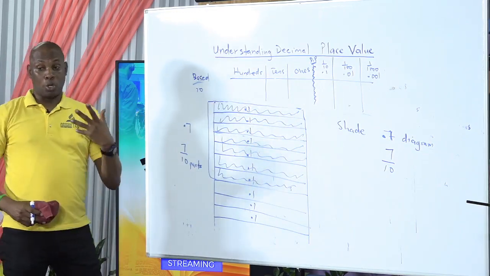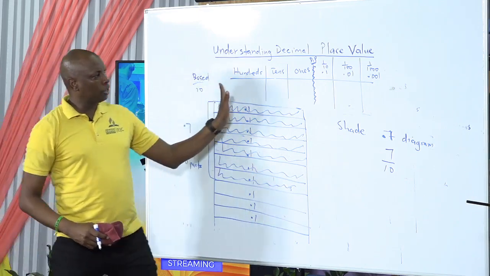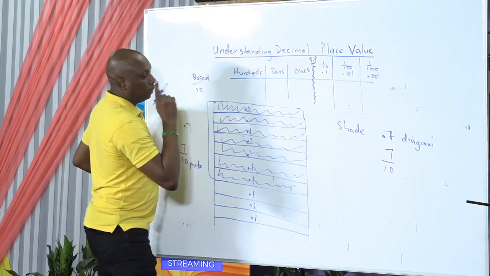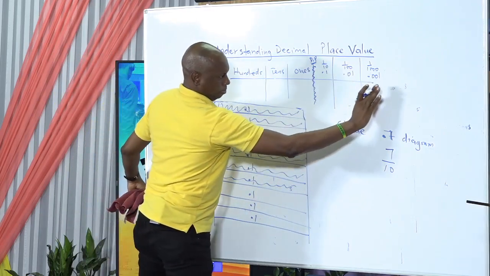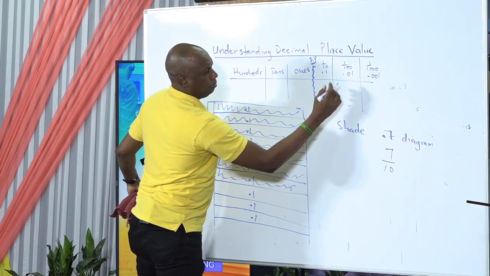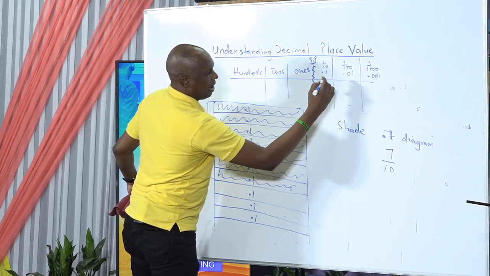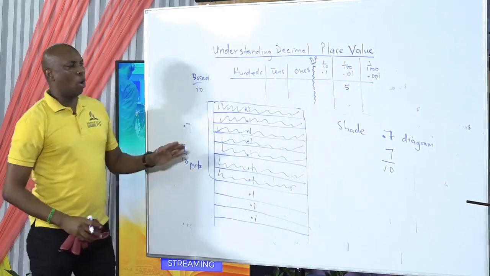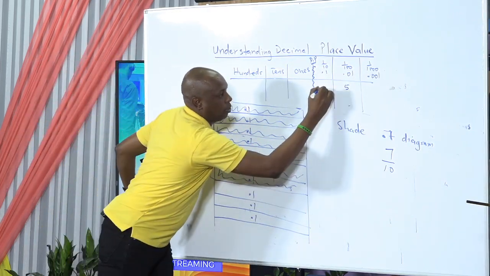I could also now go over to the other side where I have a section that has 100 parts. I could ask you for the number, like if I had a 5 here, it would be 5 out of 100 parts. The 0 would be here.